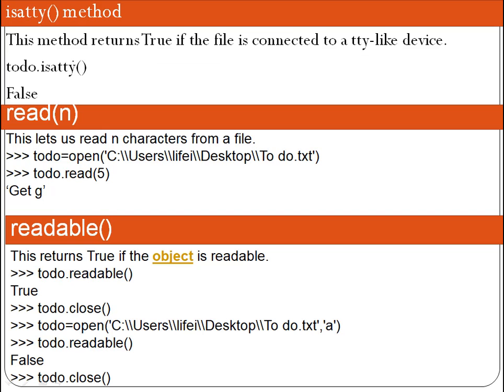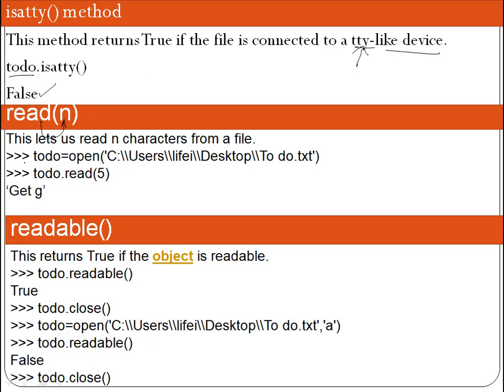Then isatty. This method returns true if the file is connected to a TTY-like device. If it is attached to a TTY-like device, it will return true, otherwise it will return false. So here file object dot isatty is returning false. Otherwise, if it is attached, it will return true.